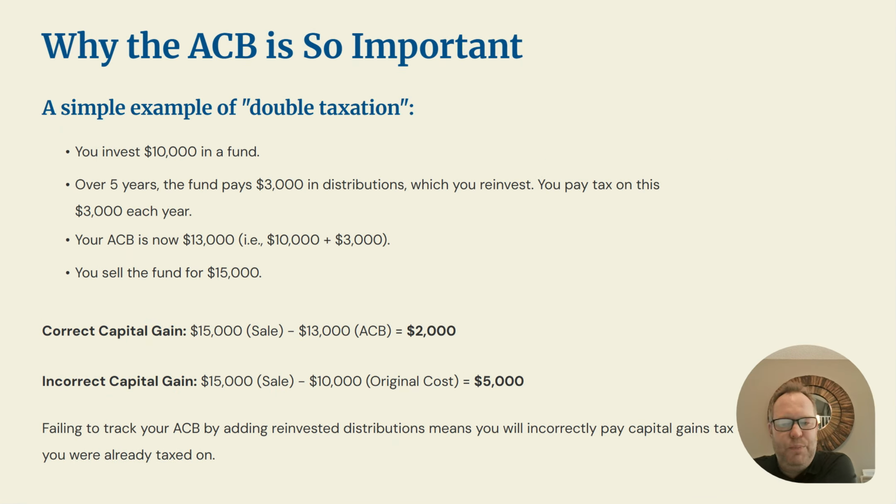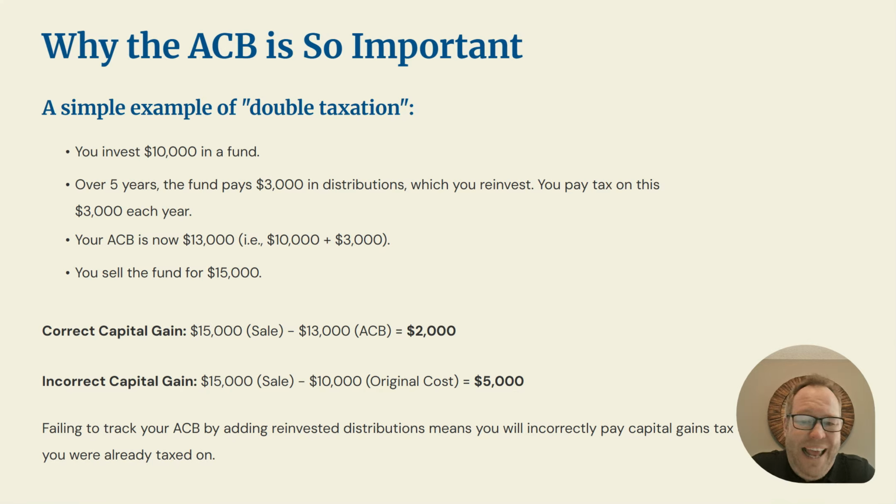So let's look at an example. If we invested $10,000 in a fund and held it for over 5 years, with the fund paying $3,000 in distributions, which you reinvest during this period, you pay tax on this $3,000 each year as those distributions are paid out to you. So your adjusted cost base is now $13,000.